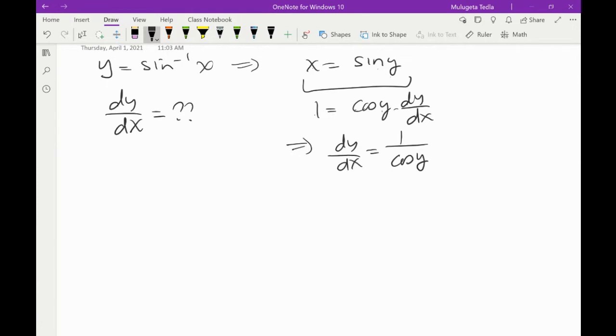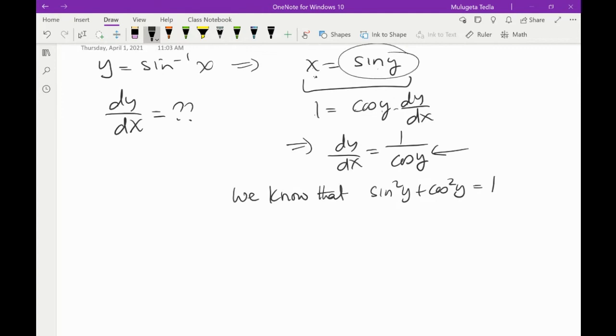We know also from chapter 20 that sine squared y plus cos squared y equals 1. So I want to find what cos y is in terms of sine, because sine of y is already x. Cos squared y is 1 minus sine squared y, and then cos y is the square root of 1 minus sine squared y.